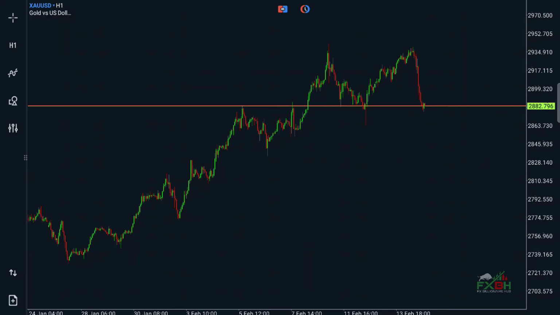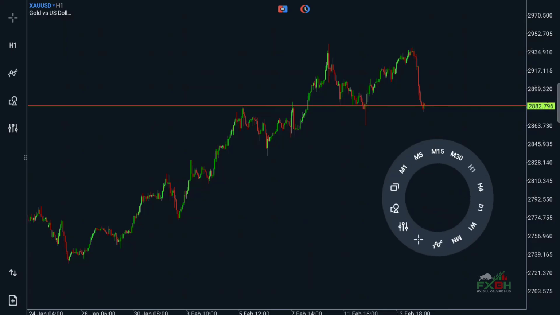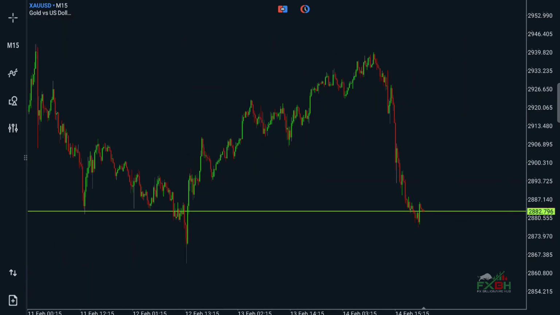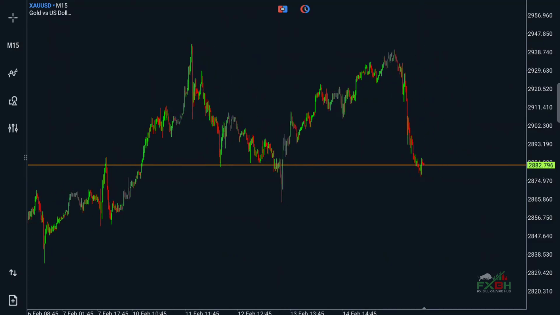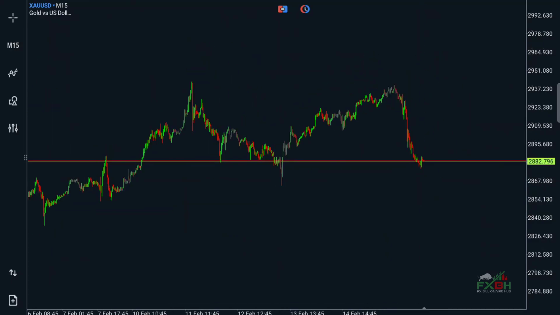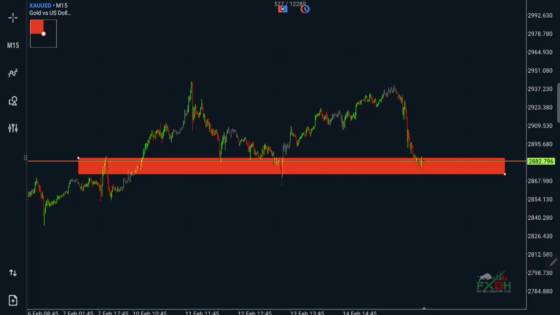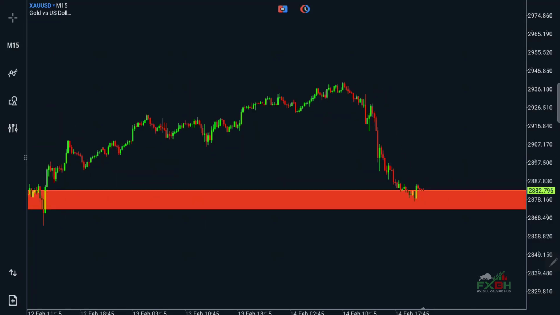And I want to share one more thing, that is the M30 or M15 time frame. That means for a scalper, okay? For a scalper, if you want to scalp now or from Monday, as you can see there, as I said, there is a support area, okay? The market is just moving in this particular area currently.